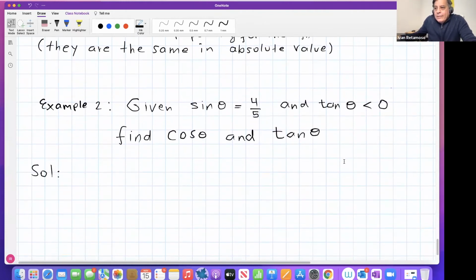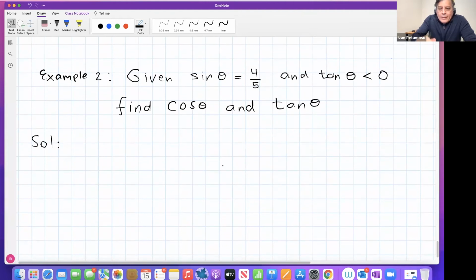Let me explain to you now example 2, which says the following. Given sine of theta equals 4/5 and tangent of theta negative, find cosine of theta and tangent of theta. All right, so let me explain to you how we can deal with this.